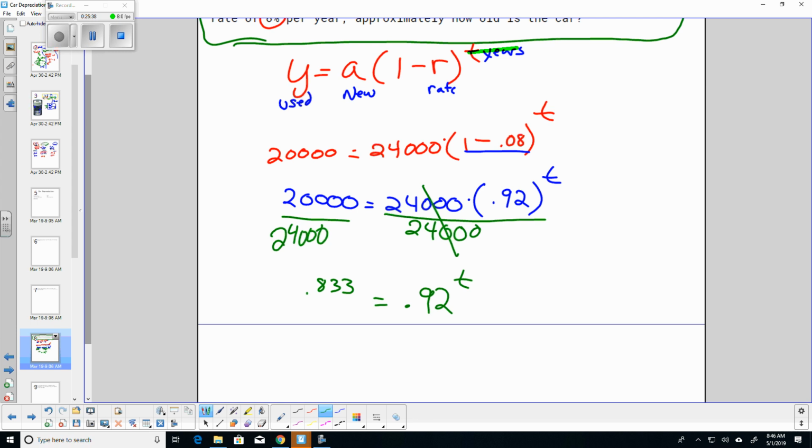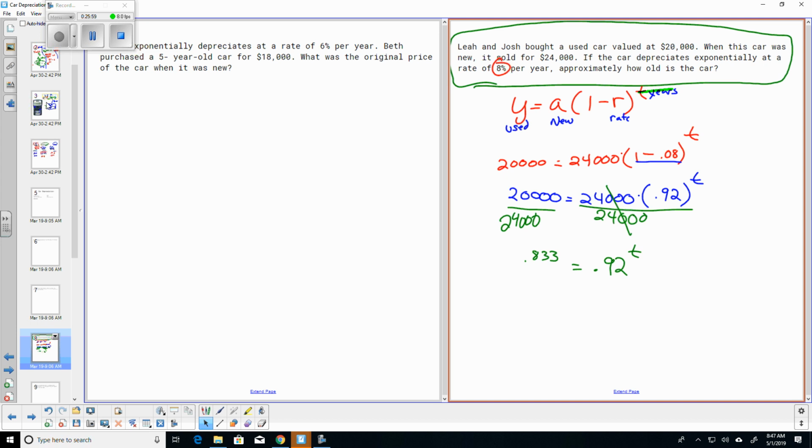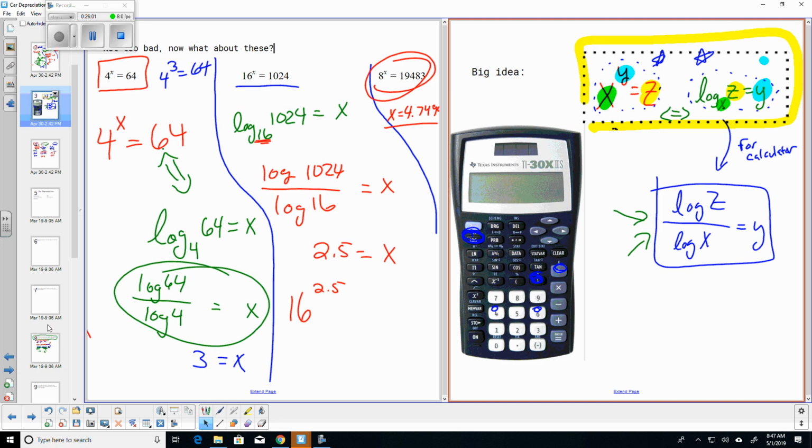So let's do the color scheme again. Here's our key idea from the previous lesson. Let's do some highlighting of the colors here.